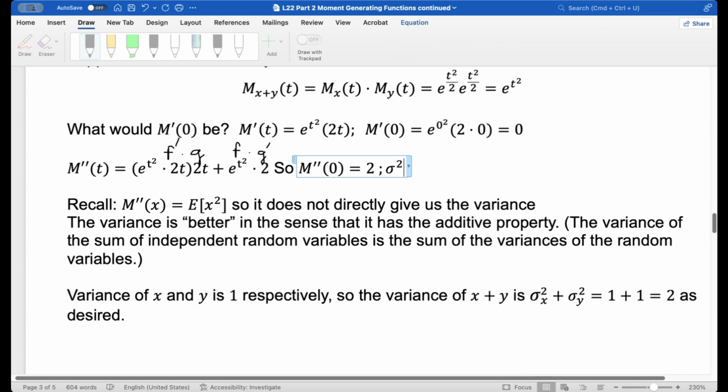Sigma squared is the expected value of x squared, so it's 2 minus the mean squared. So it's 2 minus 0 squared, which is 2. I'll just put VAR here, variance. Okay.